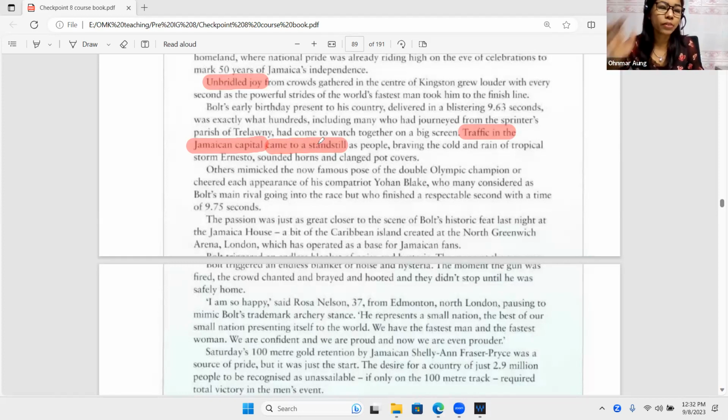It means that the vehicles stopped. Standstill means stopped, to cheer for his victory, right? That is, came to a standstill as people... Another one is, what did they do? Sounded horns, pressed the horn. So we say sounded horns, right? Clanged pot covers, like that.